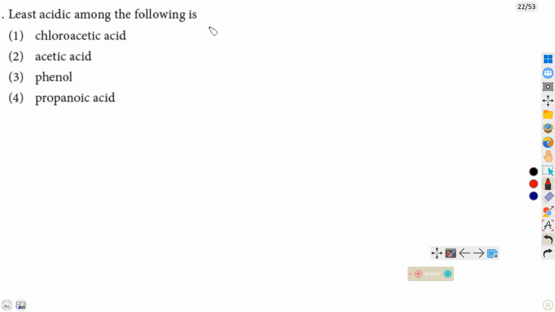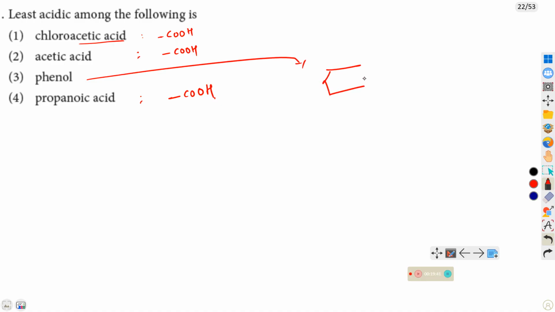Least acidic among the following: chloroacetic acid, carboxylic acid functional group is involved. Acetic acid, carboxylic acid functional group is involved. Propanoic acid, carboxylic acid functional group is involved. Phenol, C6H5OH.